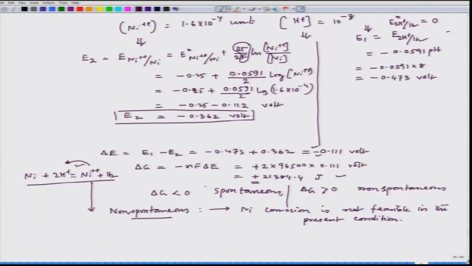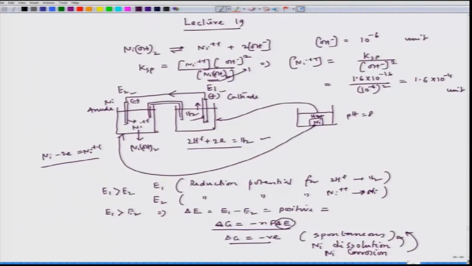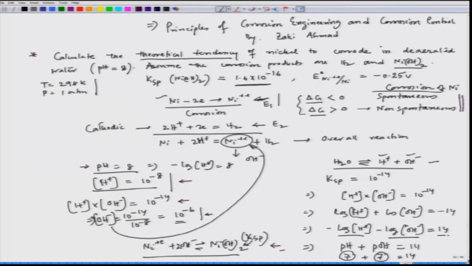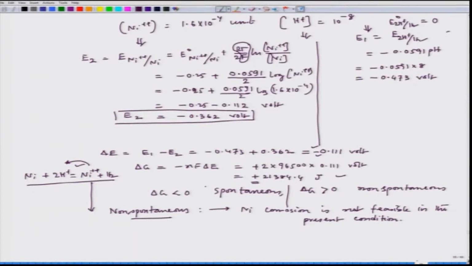Now, in order to find out whether the nickel would corrode or not, we are doing the calculations and all those considerations starting from here. If you see this particular slide, we see an entire lot of calculations, and finally, our primary interest is to find whether del G is negative or positive for the process.